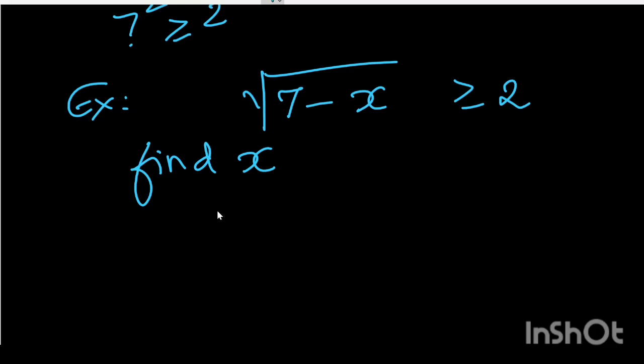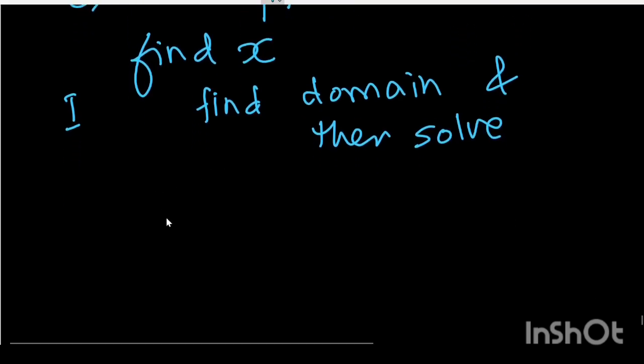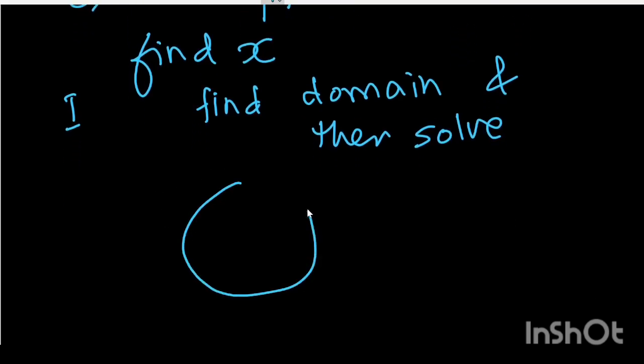What do you say? So guys, in these types of square root inequalities, we need to find the domain, and then solve. Okay, because the solution is a subset of the domain. See, if this is the domain, then the solution of the inequality would be a subset of the domain.